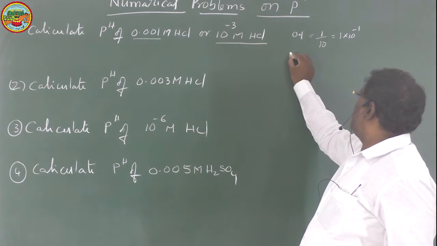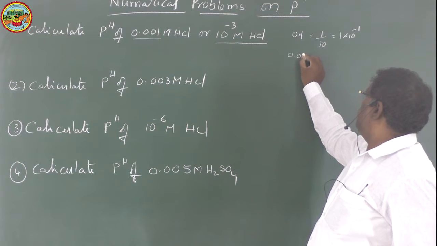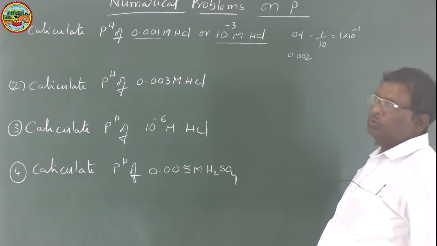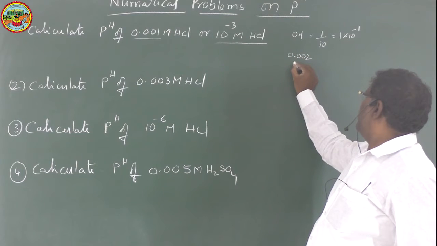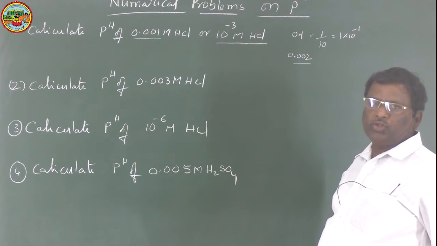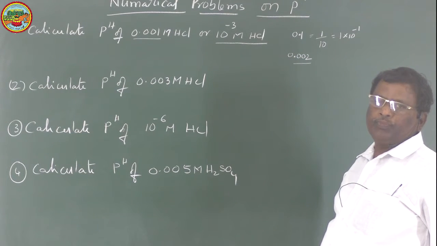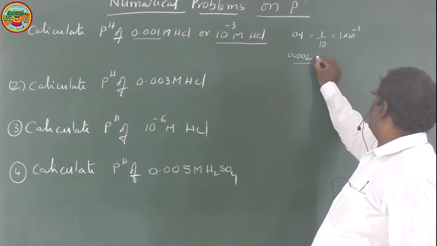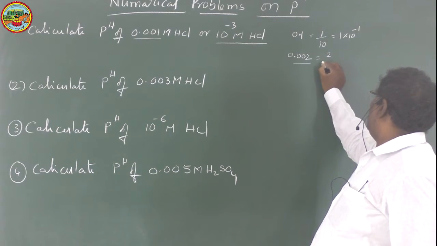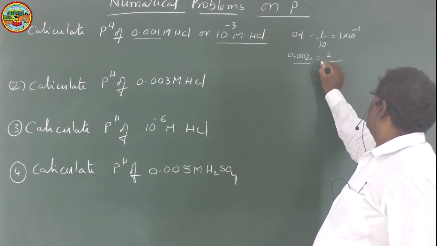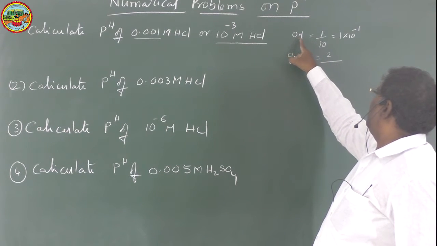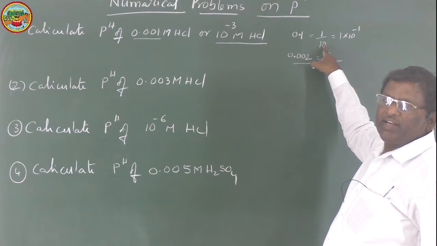If it is 0.002, after the decimal we have 3 digits including 2 zeros. So if after the decimal we have 1 digit, we write 10.